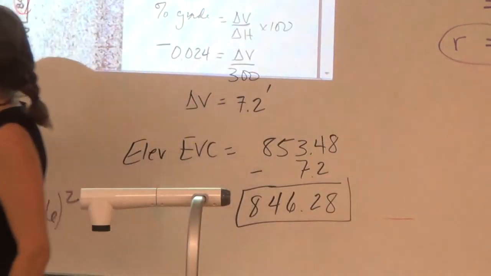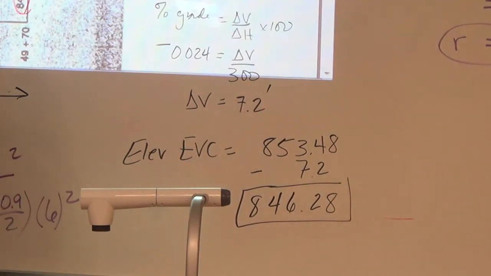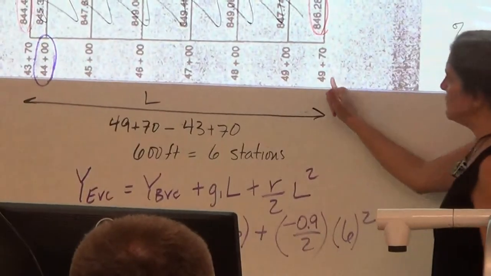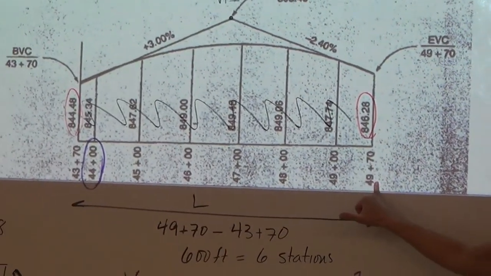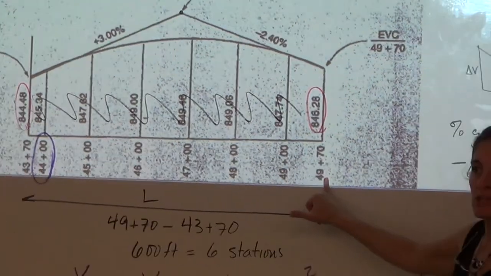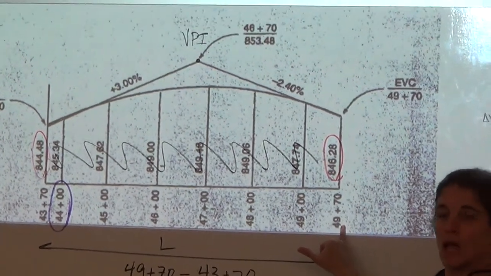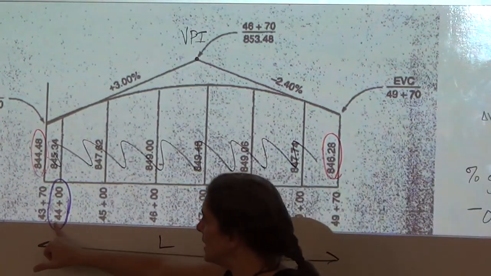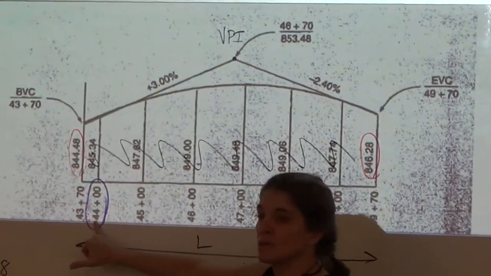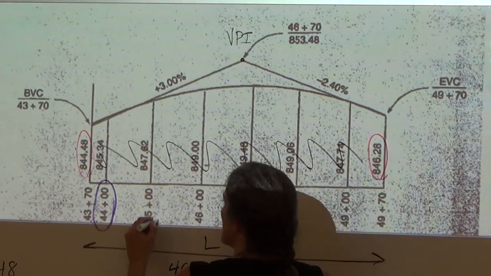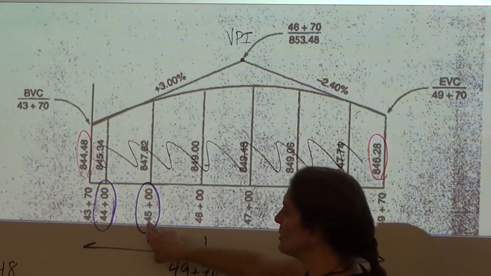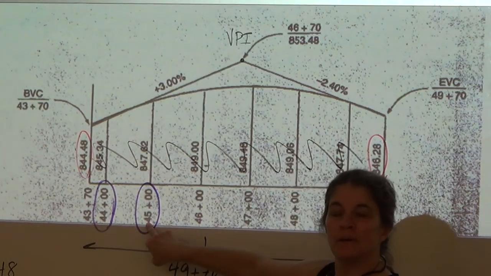So what's going on is we have a BVC of 43 plus 70, we have an EVC of 49 plus 70, but we always like to deal with full stations. So your line is going to solve for the elevation of 44 plus 00. Nathan and Melissa, you're going to solve for the elevation of 45 plus 00.